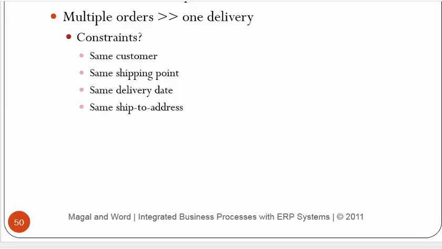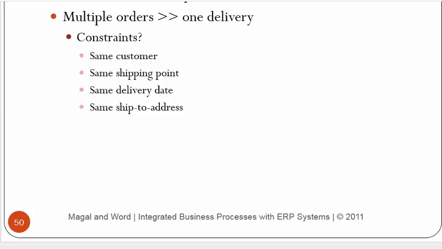If you are shipping to 2 different customers, again. If you are shipping from 2 different shipping points, so one by air, one by boat, then again, these are 2 different shipping points. So it has to be the same customer. I have to be shipping from the same point. It has to be the same delivery date. It has to be the same ship-to address.